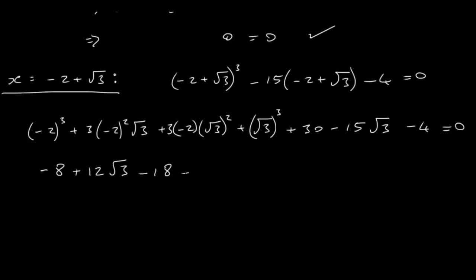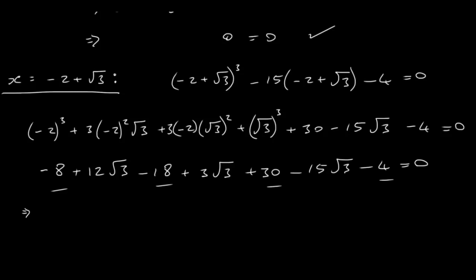Out here we have plus 3 root 3, plus 30 minus 15 root 3, minus 4 equal to 0. Okay, so let's see what we end up with here. We've got minus 8, minus 18, plus 30, minus 4. That gives us 0.